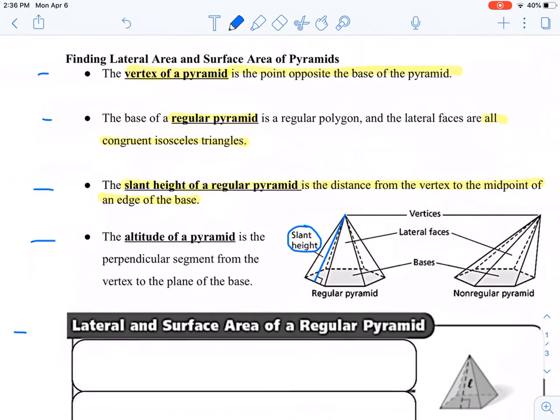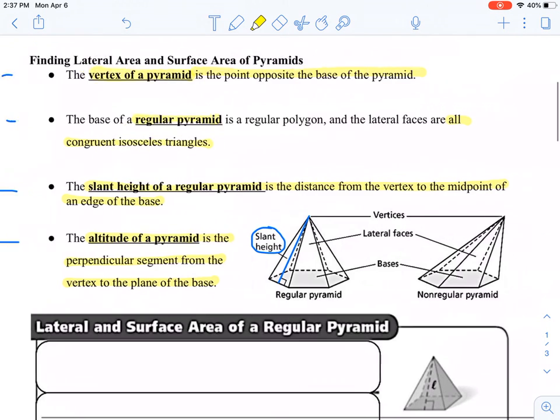Okay? And then finally, very similar to when we were talking about cylinders and prisms, the altitude of a pyramid is the perpendicular segment from the vertex to the plane of the base. So in terms of a regular pyramid, that altitude is going to be right down the middle from the vertex to the center of that regular polygon base below.